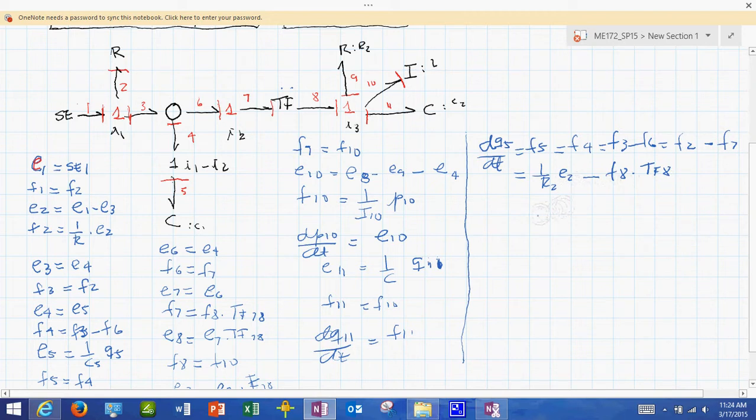And so we still need to keep substituting this. E sub 2 is E1 minus E sub 3. And this times 1 over R sub 2.